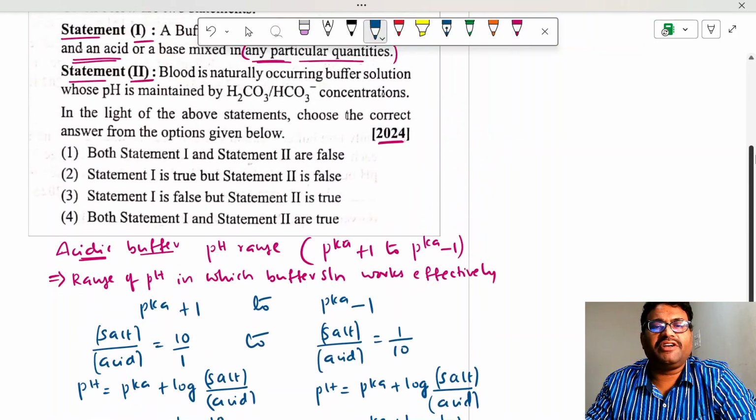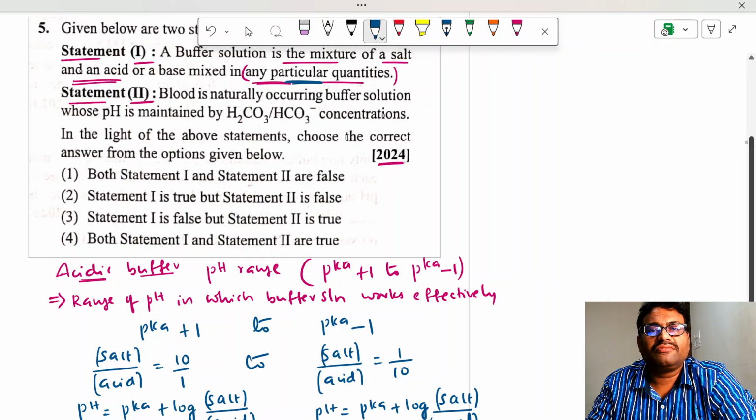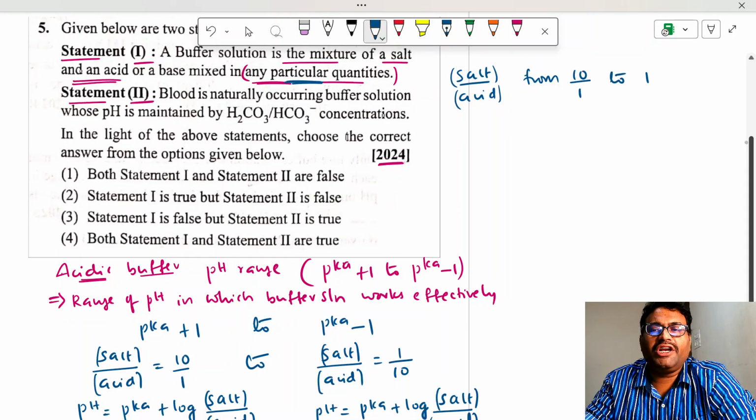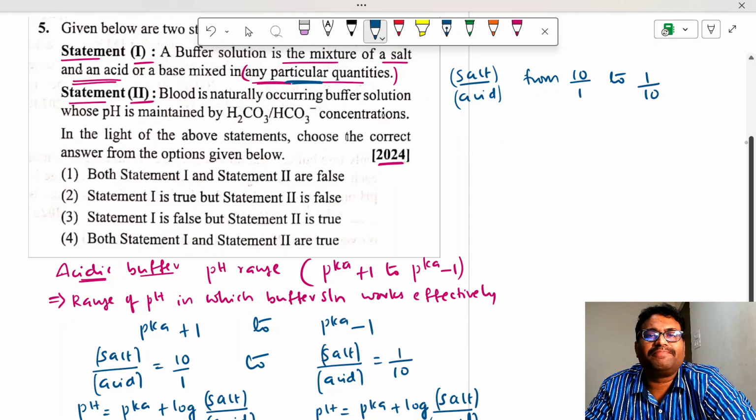In the statement given, it says any particular quantities, no, it should be a particular quantity. What is that? The salt to acid concentration ratio must be from 10 is to 1 to 1 is to 10. Then only it can act as a proper buffer solution.